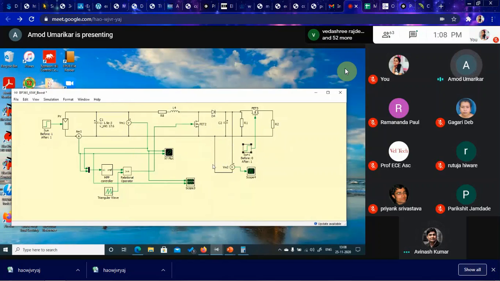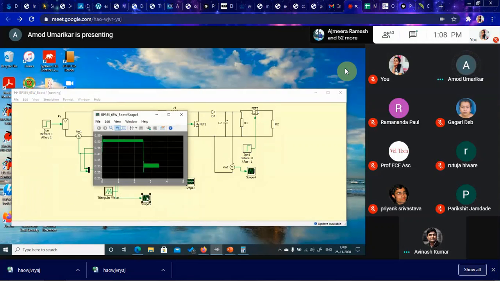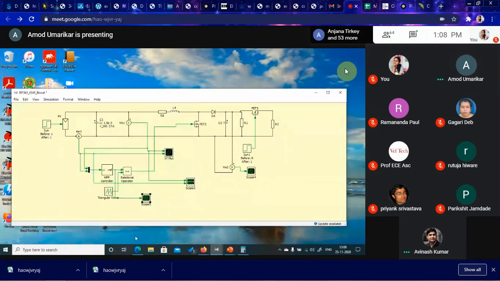Okay, so we have to find out what the duty cycle is. So for finding out the duty cycle, we'll correct it here. Yes. So this is the duty cycle, which is the output of the MPP controller.